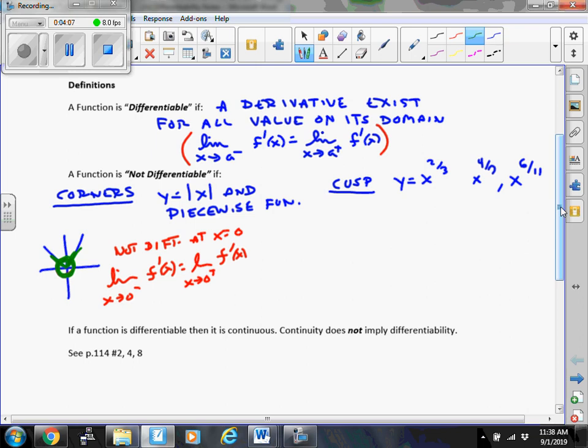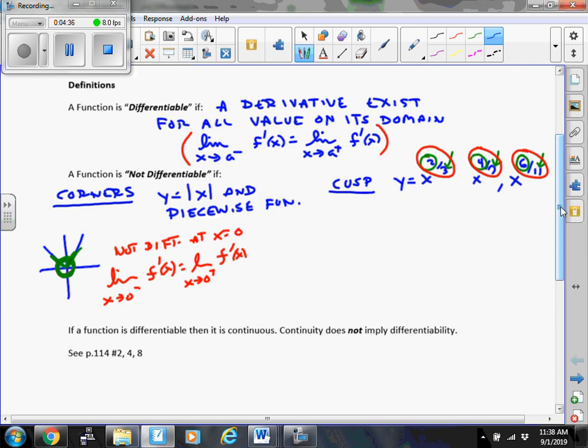Key elements that indicate to me it's going to have a cusp is the fact that it has an even power with an odd root. Even power, odd root. And the fractional power should not be top heavy. In other words, it has to be a fraction between 0 and 1. These fractions here are all fractions between 0 and 1.